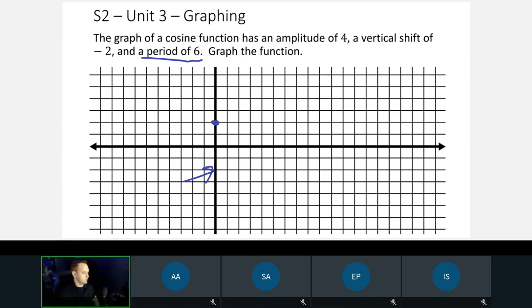Students, what does the period do for a trig function? What does it tell us?